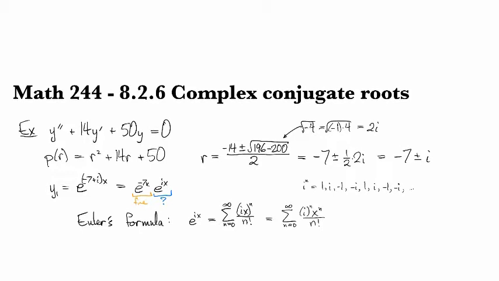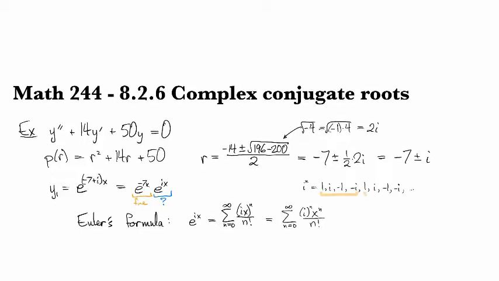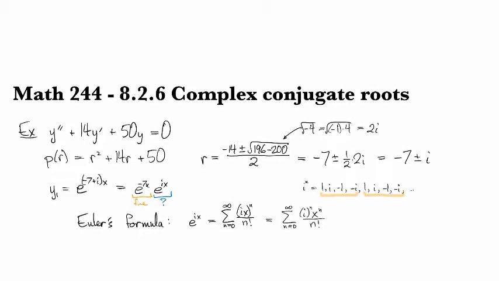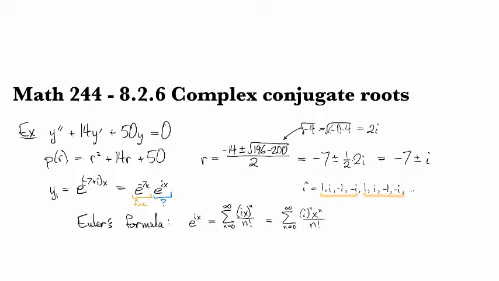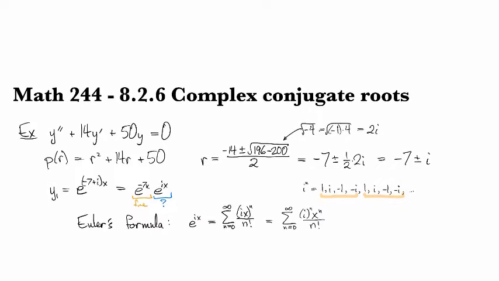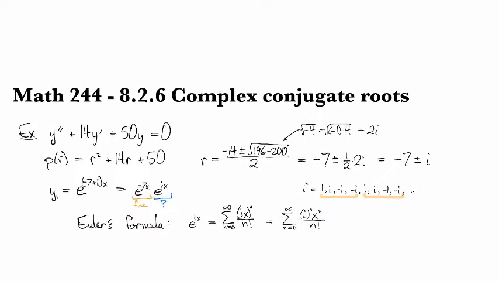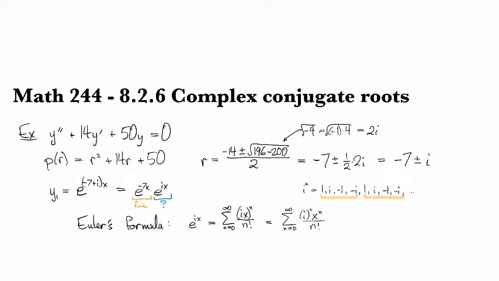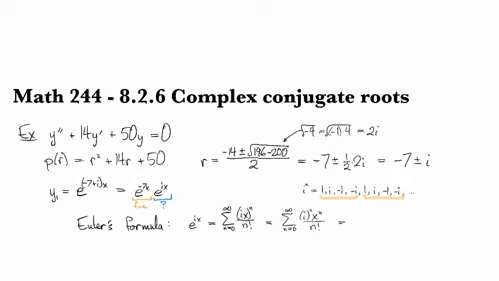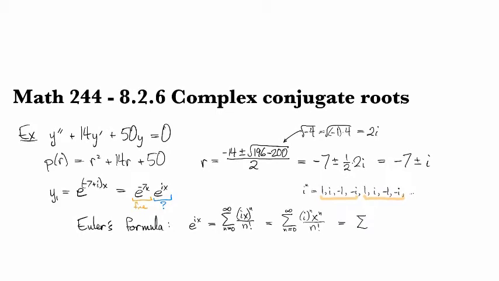So there's this repeating pattern of order 4. In particular, every other term is real and every other term is complex. And so I can split this now into the evens and the odds.